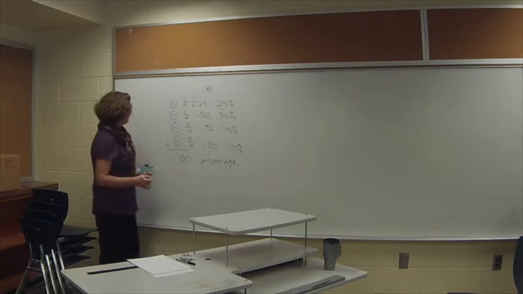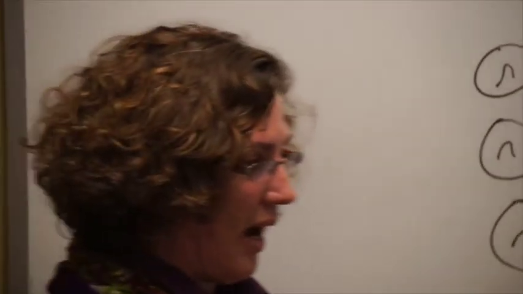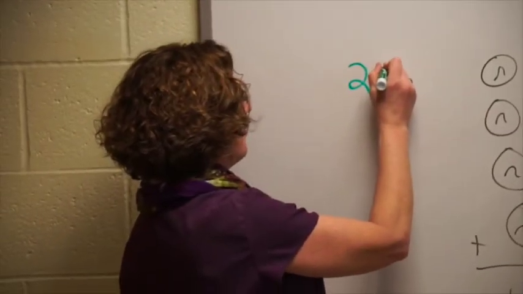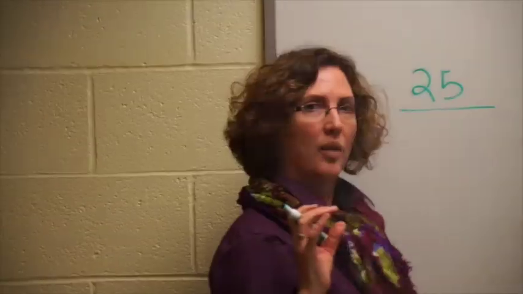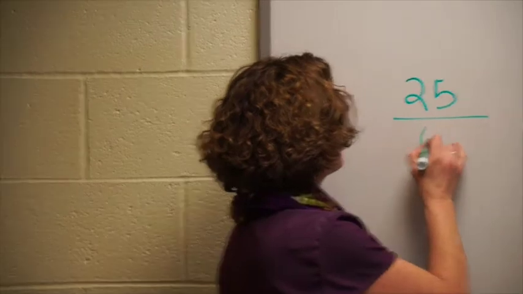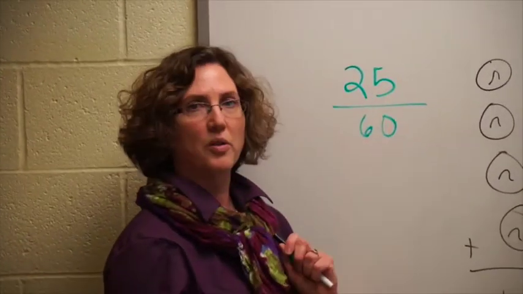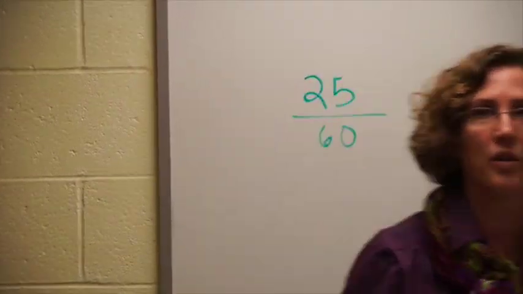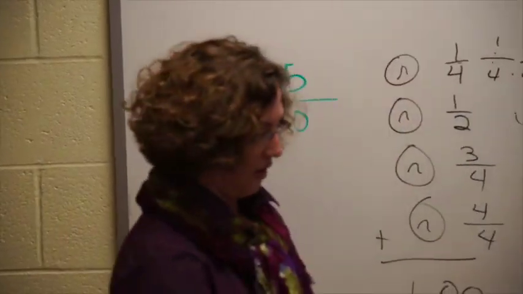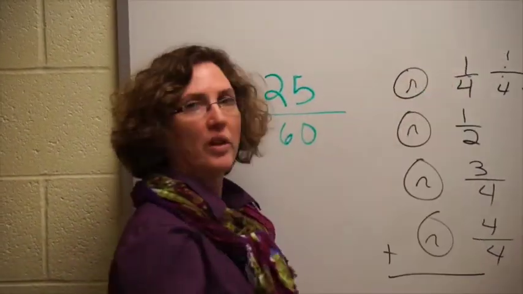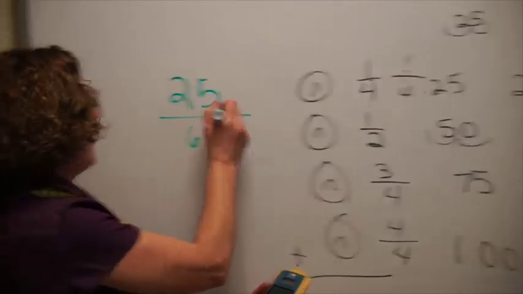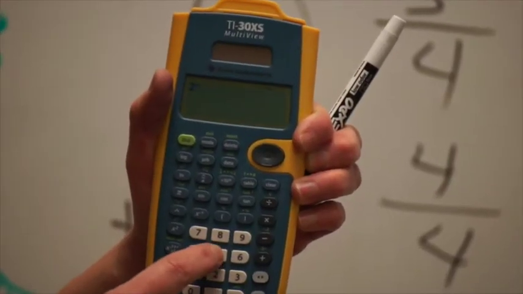So, for example, let's say you have 25 out of 60. You want to know what the percentage is. What are you going to do? You're going to do the same thing you did over here. 25 divided by 60.